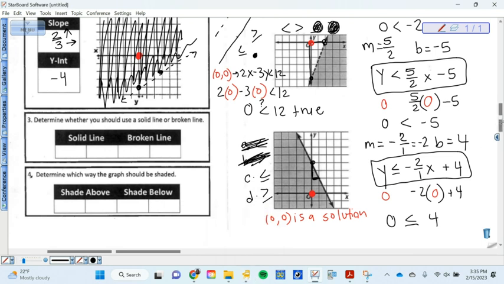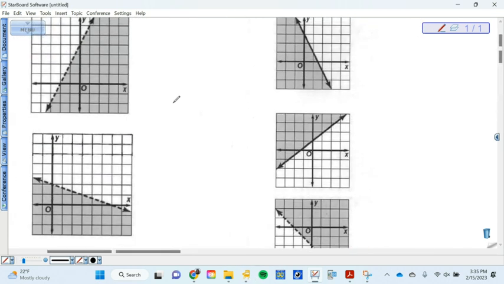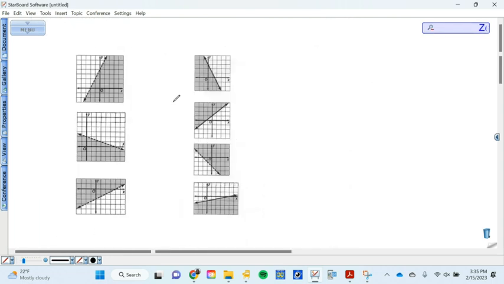So on the back, there are 7 graphs. If we have 1, 2, 3, 4, 5, 6, 7, you do not need to do number 5. Skip number 5. Don't do number 5.